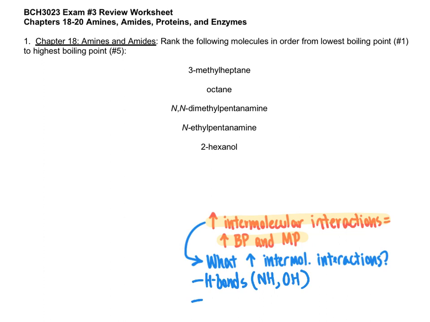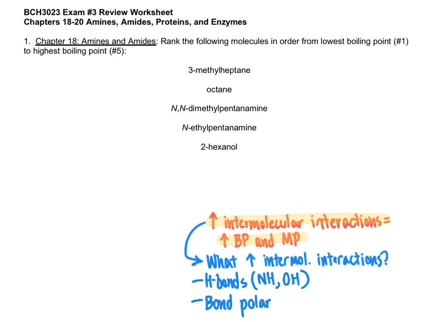We also, in addition to hydrogen bonds, looked at bond polarization as a factor that is going to influence intermolecular interactions. Because the more polar the bonds are, the stronger they are going to be engaging in intermolecular interactions. So if we have a bond between two carbon atoms, that's going to be a very nonpolar bond.